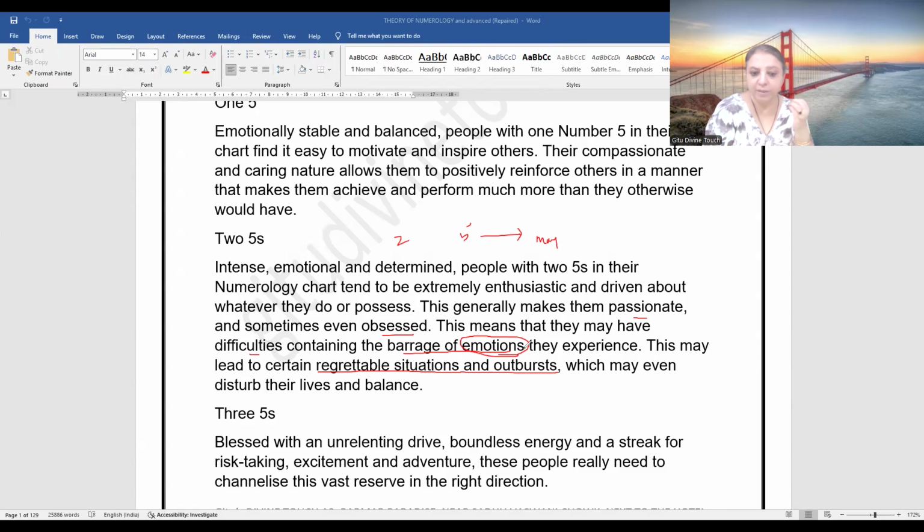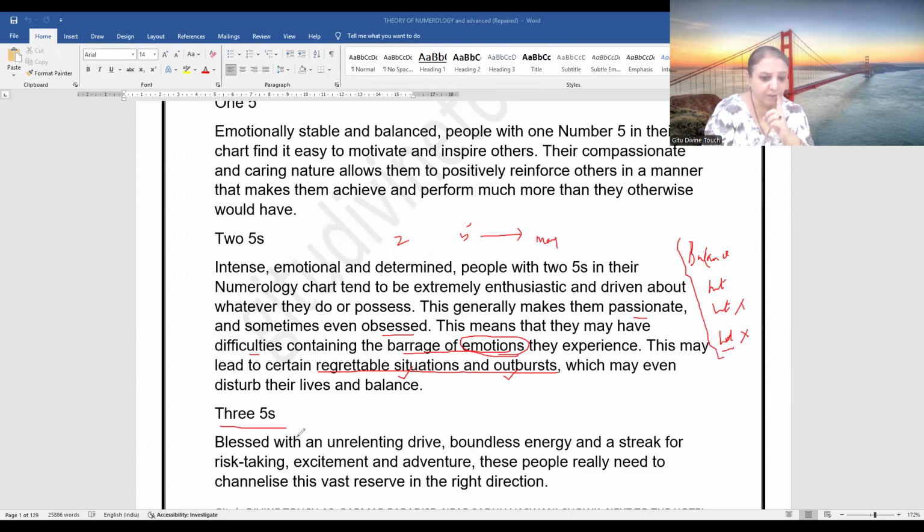They will form a relationship with anyone they come across. They will not judge the person. They will not think whether it's right or wrong, and then later they regret when they are with the wrong person, and then outbursts happen. So they have to learn to balance their emotions. Usually these people get hurt with one person, then they go with the next person, get hurt, and then again the next person. Instead of learning, this pattern is repeated in their life.